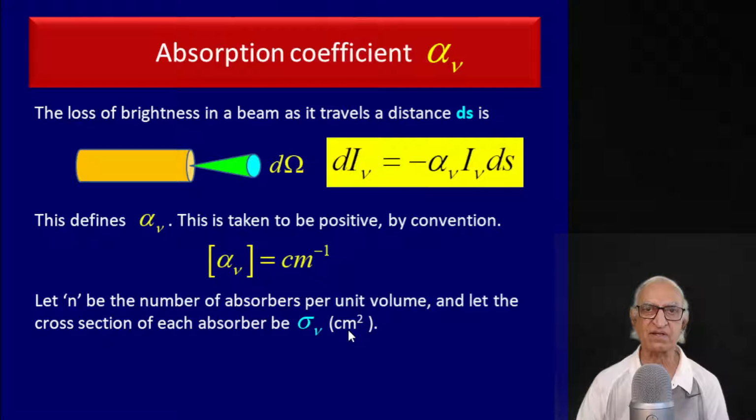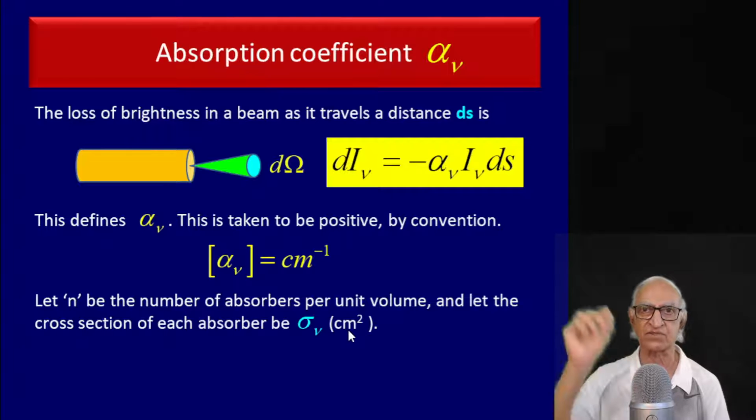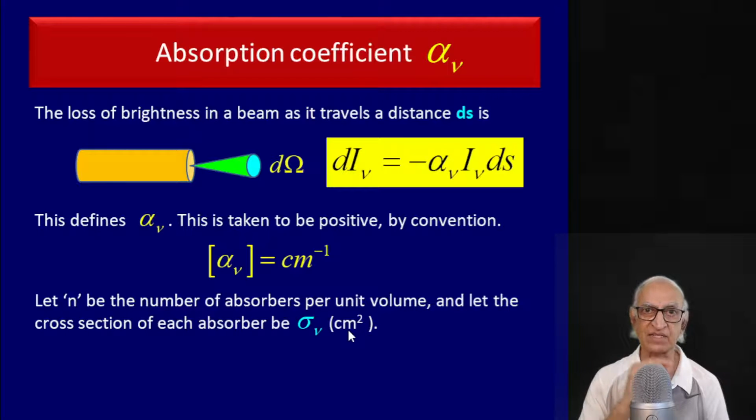If you remember, in the previous lecture, we discussed Thomson scattering of radiation by free electrons. And in that context, we introduced the Thomson scattering cross-section as 8 pi by 3 square of the classical electron radius. Similarly, for various absorption scattering processes, there are different cross-sections, and quantum mechanics tells you how to calculate this cross-section.